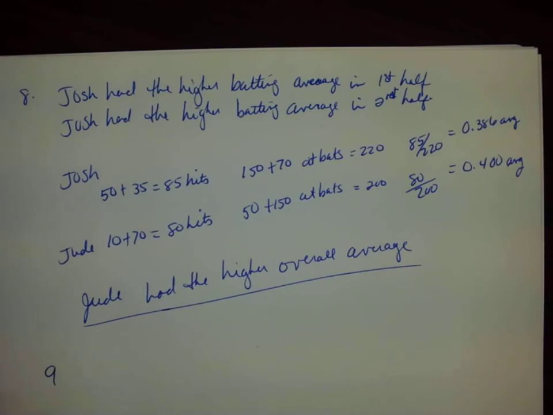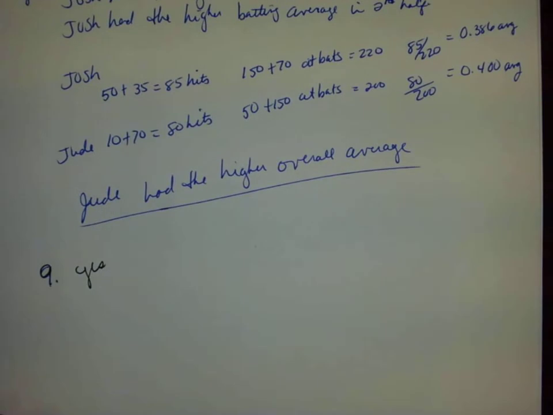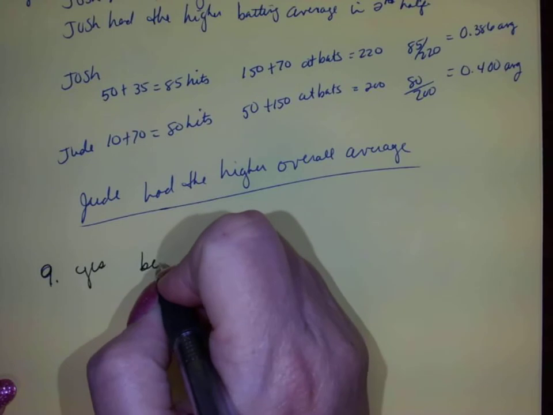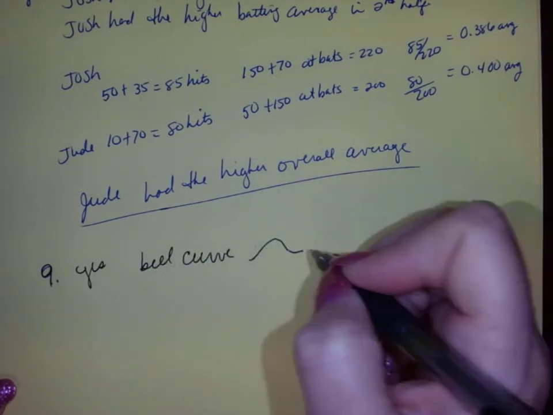Oops, let me switch colors. So yes, one, we would expect it to be pretty normal because we're looking at body temperature. And we see a bell curve. And the bell curve, remember, is something like this.